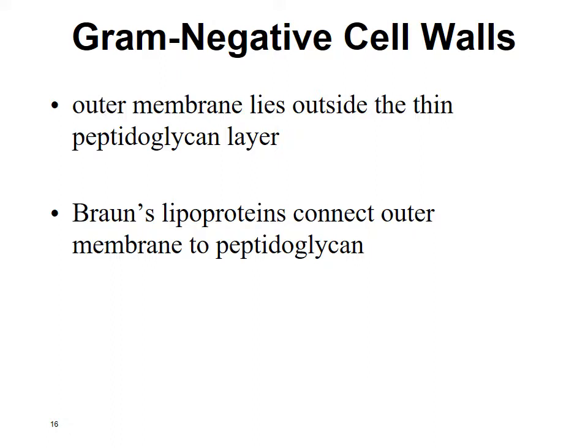And this lipoprotein is covalently linked to the underlying peptidoglycan, and it's embedded also in the outer membrane by its hydrophobic end. The outer membrane and the peptidoglycan are so firmly linked together by this lipoprotein that they can actually be isolated as a single unit.